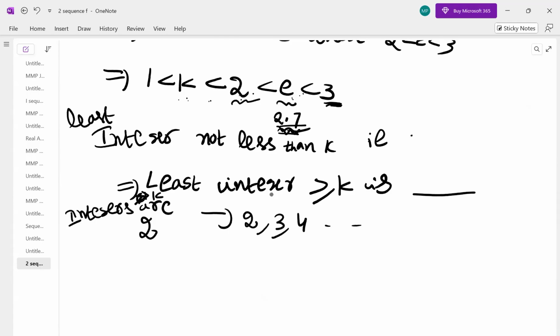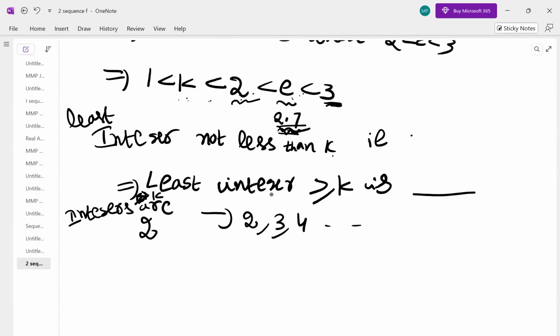These are all the integers greater than k. Not less than k means greater than k. K is not an integer because it's between 1 and 2. So greater than k, the first integer is 2, then 3, 4, and so on.